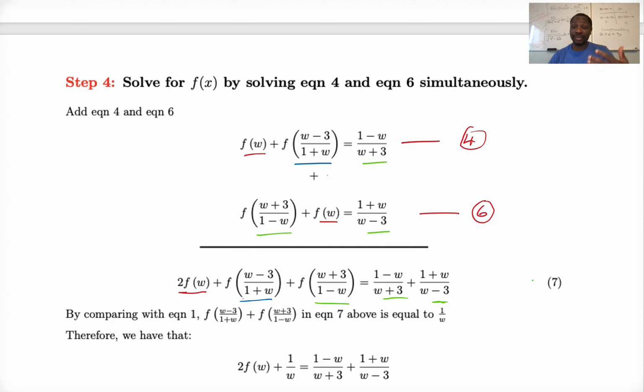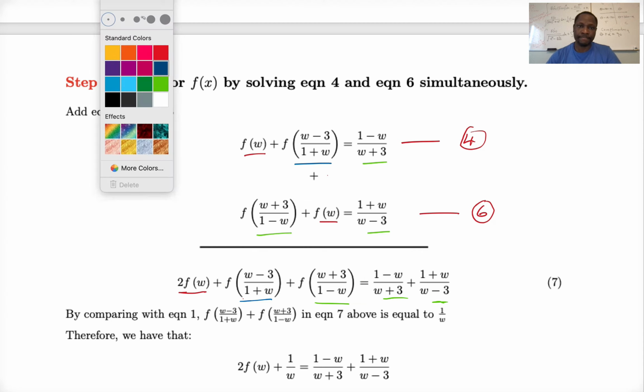Now all we need to check is, how do we simplify this? The key is looking at how the equations look. I'm going to circle something. Let's put this in a box. Now go back to your original equation, which is equation 1.